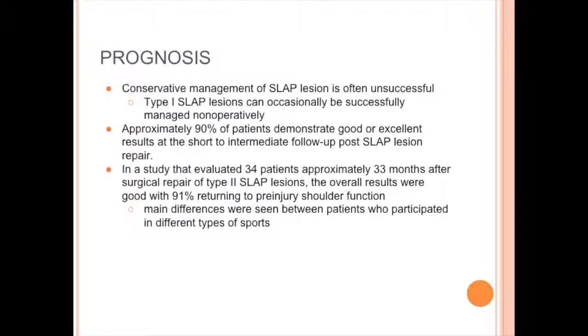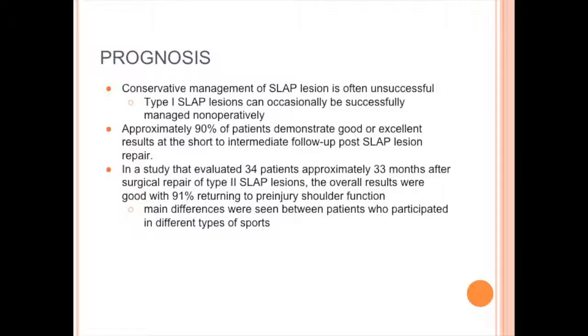We're going to talk about prognosis now. As I said earlier, conservative management of SLAP lesions is often unsuccessful. Type 1 SLAP lesions can occasionally be successfully managed non-operatively. Approximately 90% of patients demonstrate good or excellent results at short or intermediate follow-up after SLAP lesion repair.